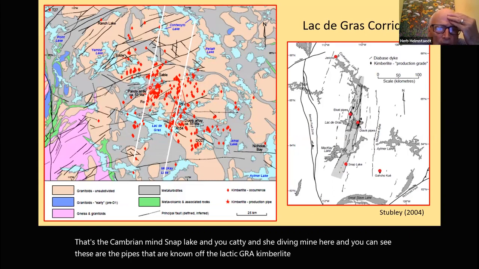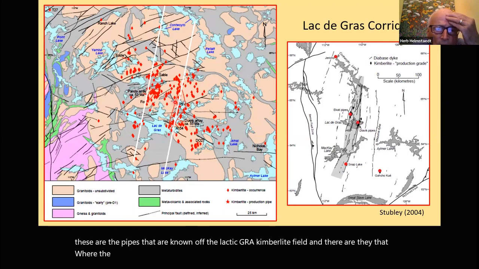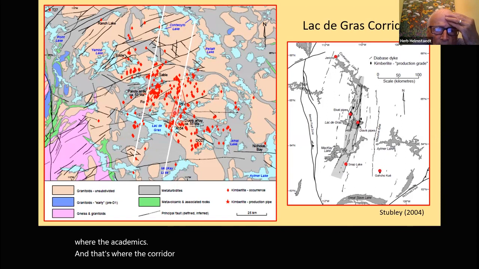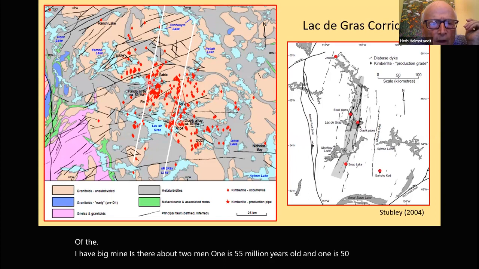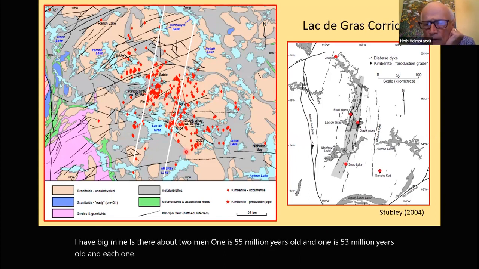That's where the Ekati mine is, and that's where the corridor of the Diavik mine is. They're about 55 million years old and 53 million years old, and each one has several pipes along that strike.